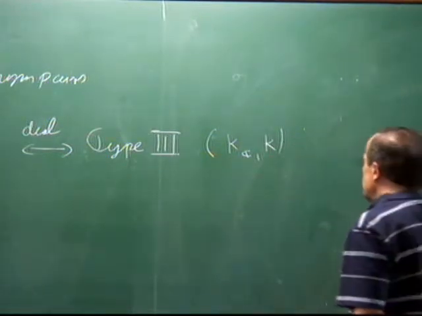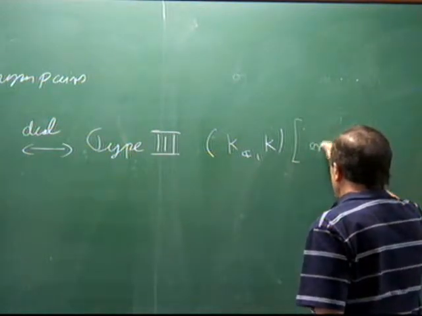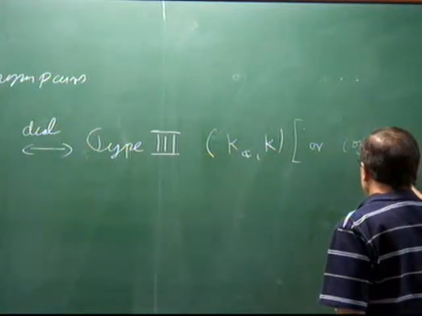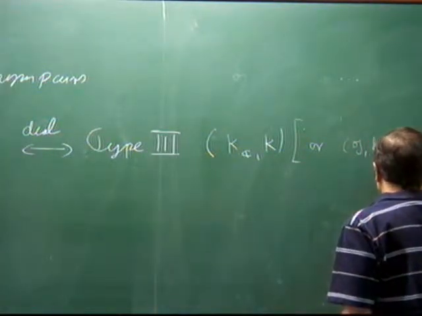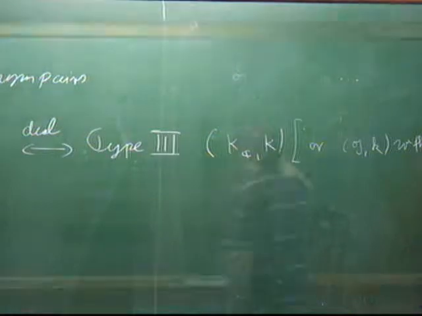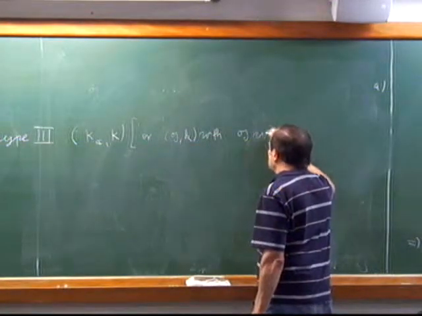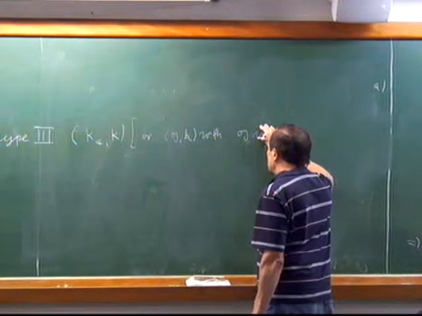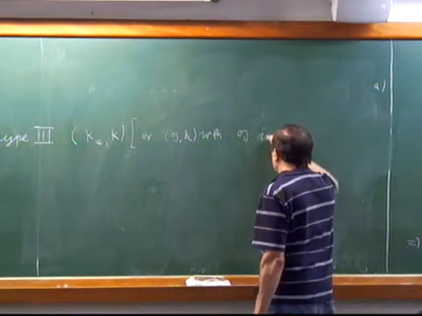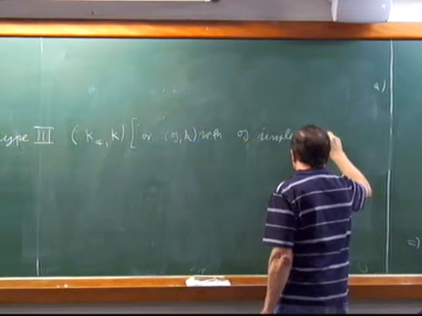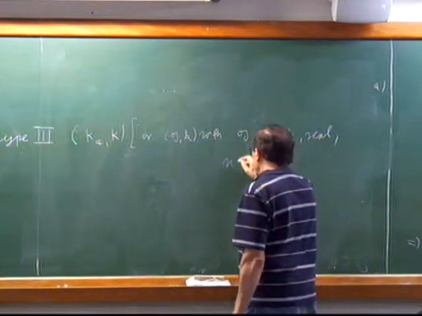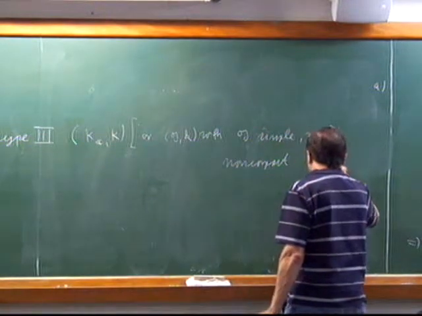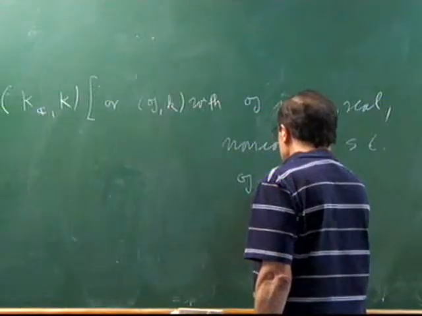Another way to describe this is a pair (g, k) with g a simple, real, non-compact Lie algebra such that g tensor C is not simple.